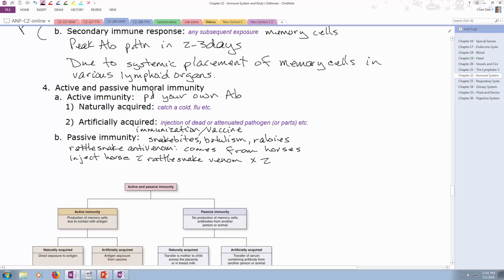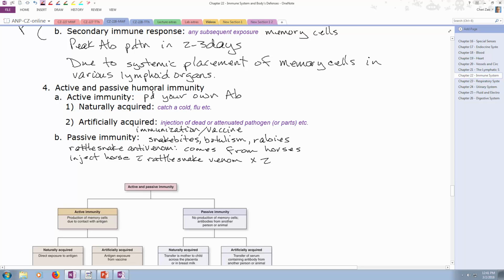So times 2, we inject the horse with anti-venom times 2, and very specific time frames. You want the first injection to have at least 2 weeks before you give the second injection, correct? Because you want to make sure that you have the proper immune response from that.